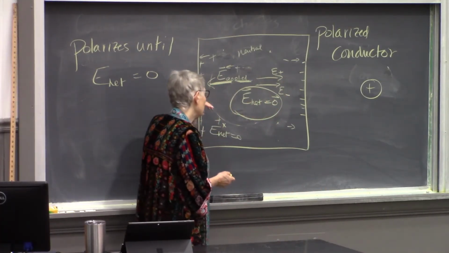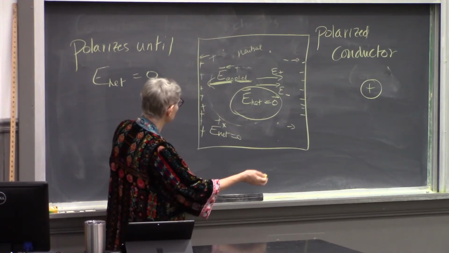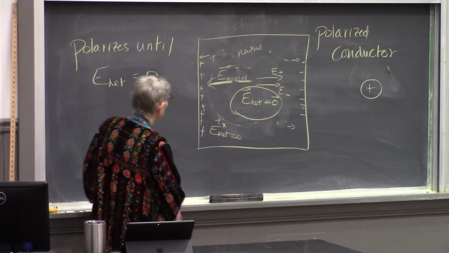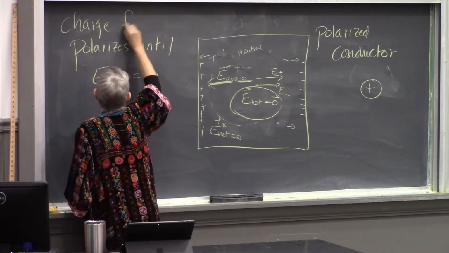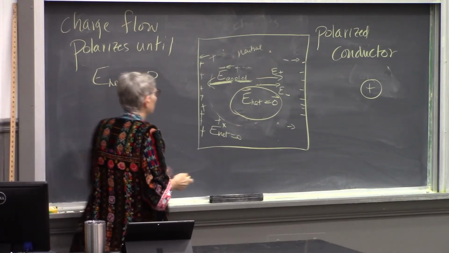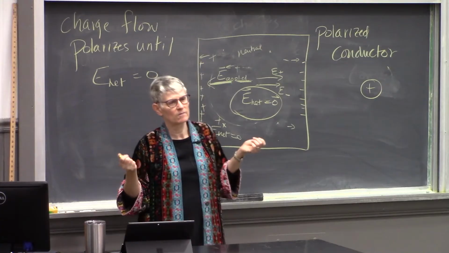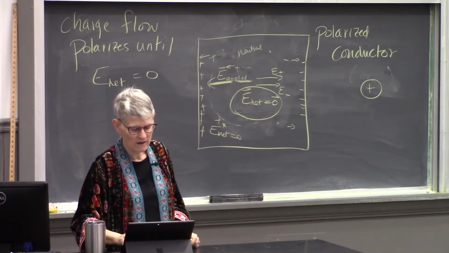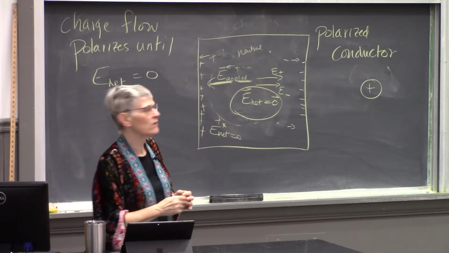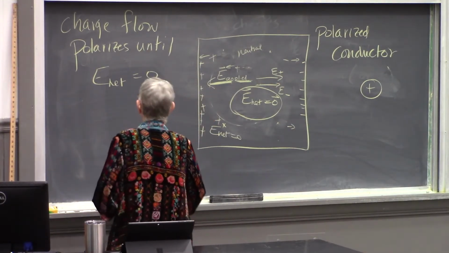And so charges flow until we get to a point where the net field everywhere inside that conductor goes to zero, and then it stops. And now we've reached what's called equilibrium.